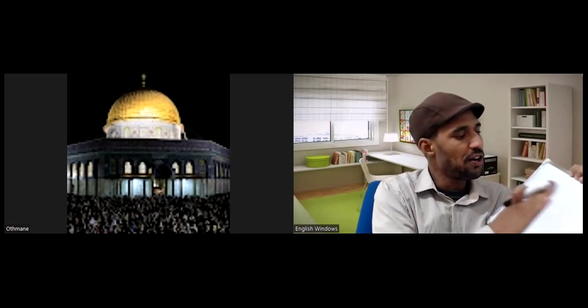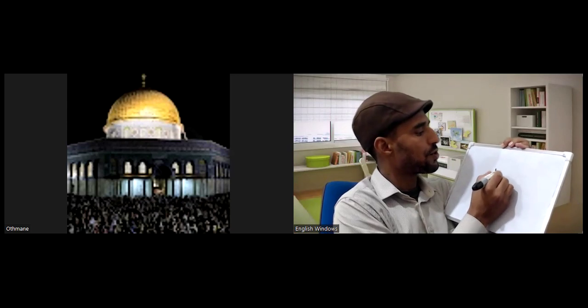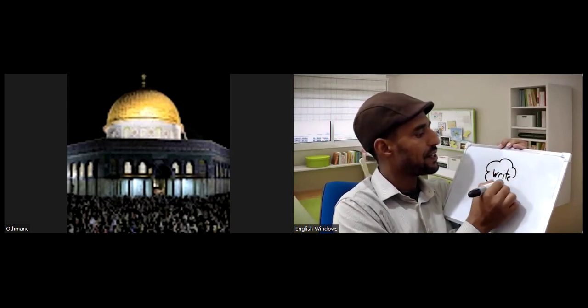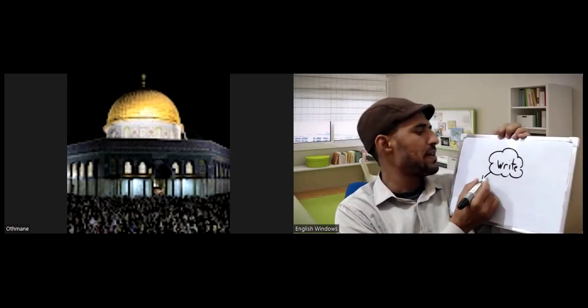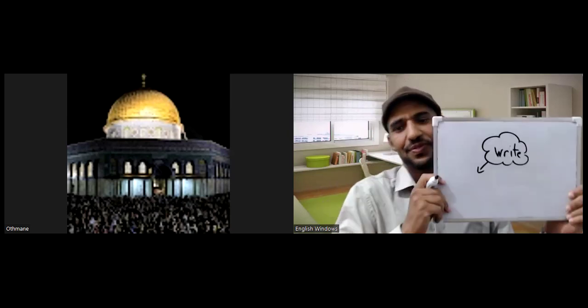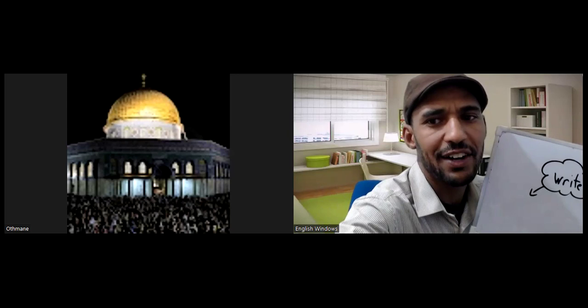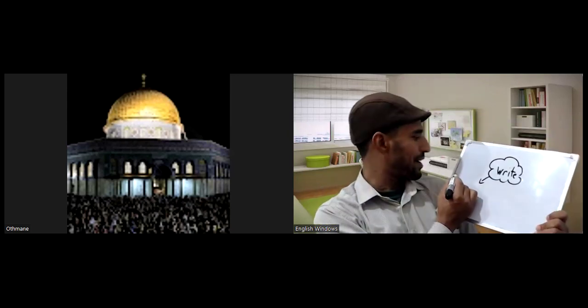If we take the word write, it's a very simple one. What are the words that you can make based on this root? Writing. Very good. So we can talk about writing.